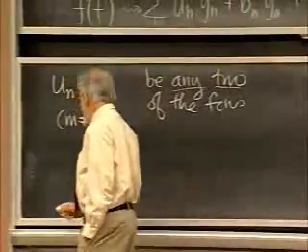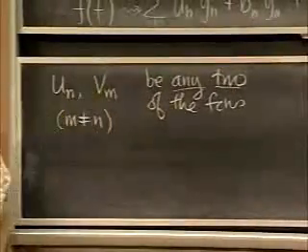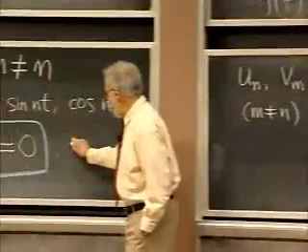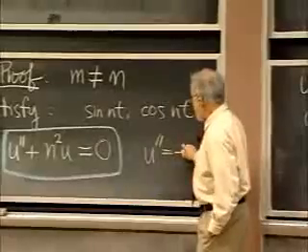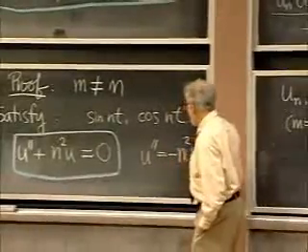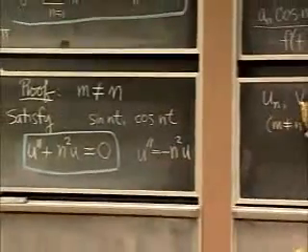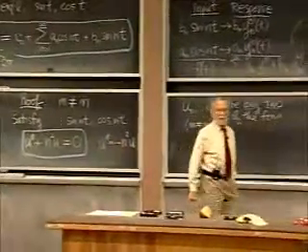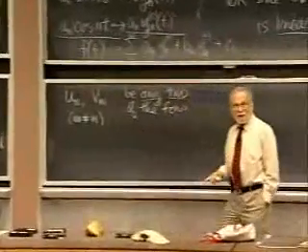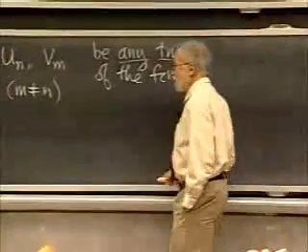And what I'm going to calculate, well, first of all, from the equation, I'm going to write the equation this way. It says that u double prime is equal to minus n squared u. That's true for any of these guys. Of course, here it would be v double prime is equal to minus m squared times v. You have to make those simple adjustments.